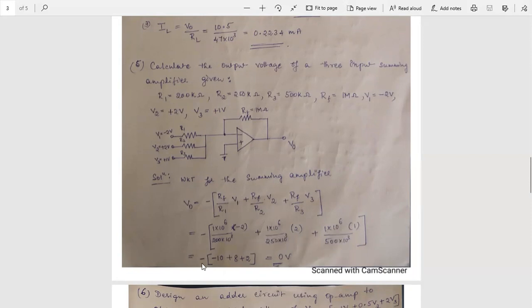So it is minus of minus 10 plus 8 plus 2, which is equal to 0 volt. So in this summing amplifier circuit, the output voltage is equal to 0 volt.